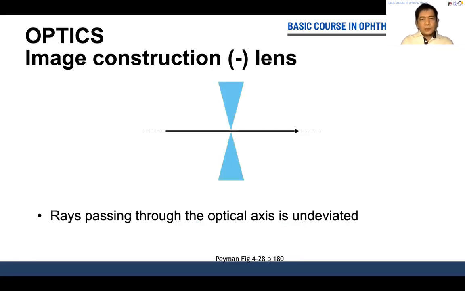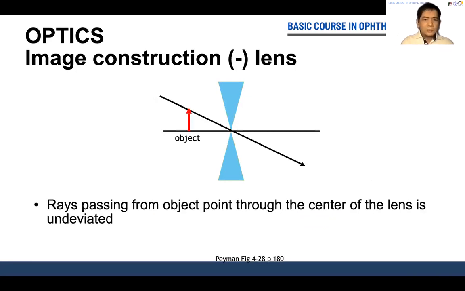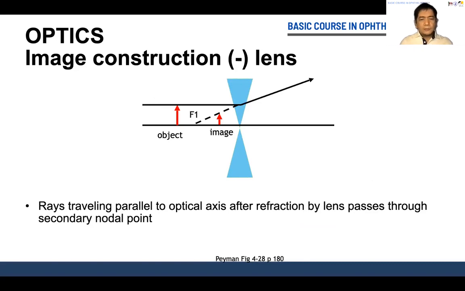In contrast with a minus lens, rays passing through the optical axis are undeviated. Rays passing from the object point through the center of the lens are undeviated. Rays traveling parallel to the optical axis, after refraction by the lens, pass through the secondary nodal point.